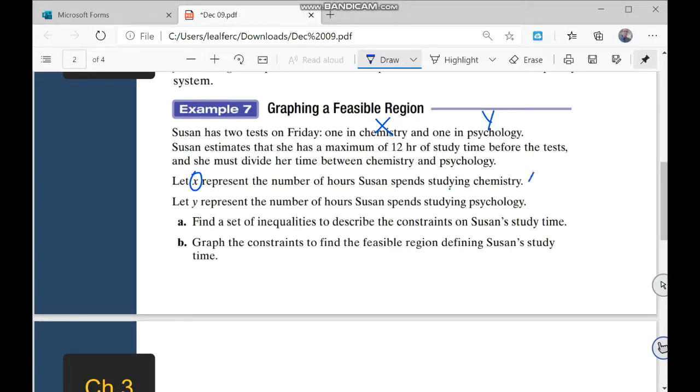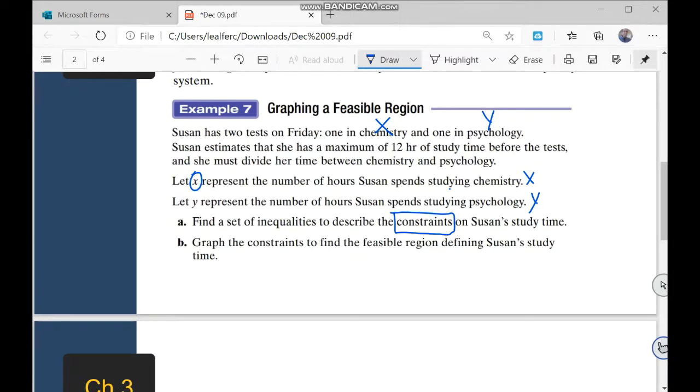So X and Y, right? Find a set of inequalities to describe the constraints. Look, the fancy word here again, constraints on Susan's study time. Again, constraint is limitation, the restrictions, the boundaries.